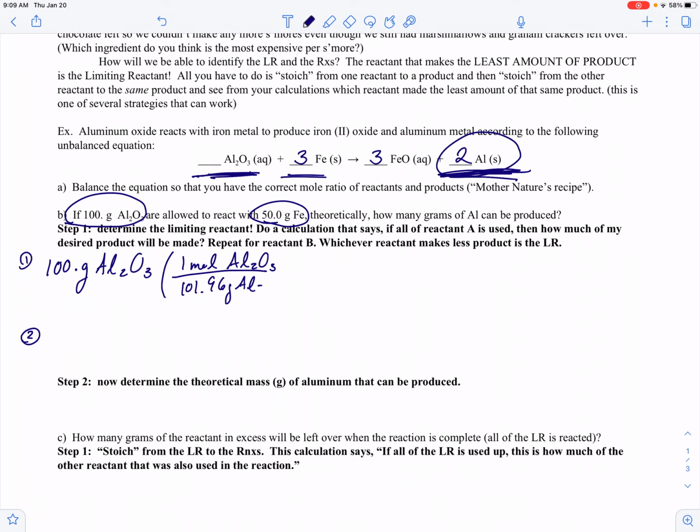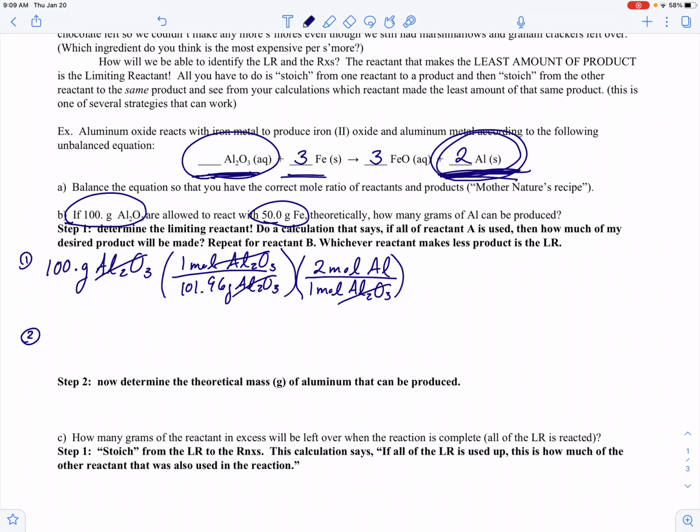That's its molar mass. I use the periodic table to find that. And then I'm going to cross my mole bridge, and I know that for every 2 moles of aluminum, I use just 1 mole of aluminum oxide. So 1 mole of aluminum oxide for every 2 moles of aluminum.